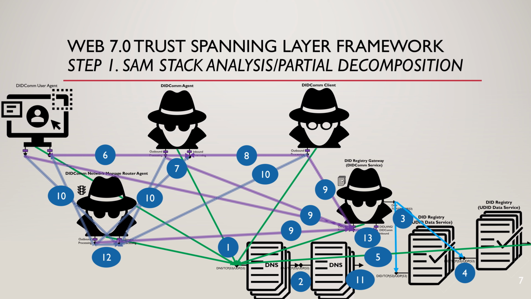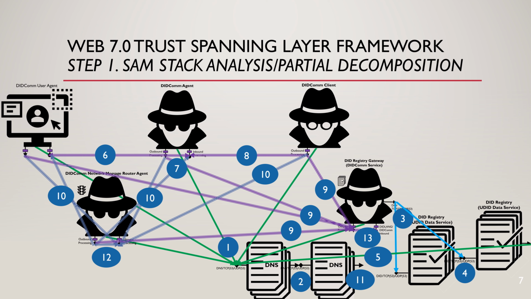The purple lines represent conventional DIDComm communication paths, and the similarly shaped or shaded blue lines, numbered 10, those are specialized DIDComm protocol connections to support message forwarding. You can see that they move in and out of the agent nearest the number 12. That's the DIDComm network message router agent.